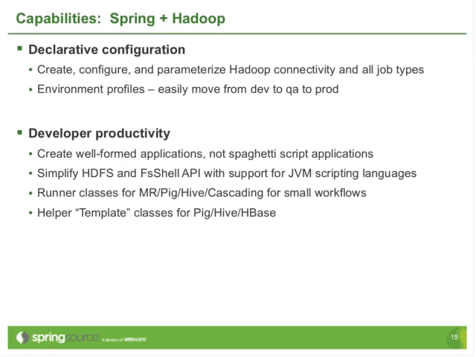So capability-wise, at least in this version, we have sort of two major features, if you like, or two major camps. One is declarative configuration, meaning very easily, without having to write any code, express what you want to happen. Literally wire things up without having to learn APIs, without having to deal with Java code.